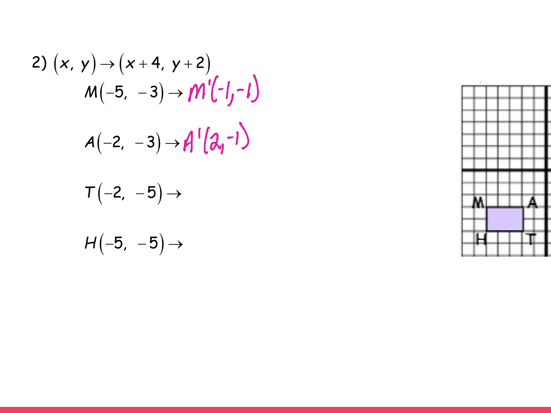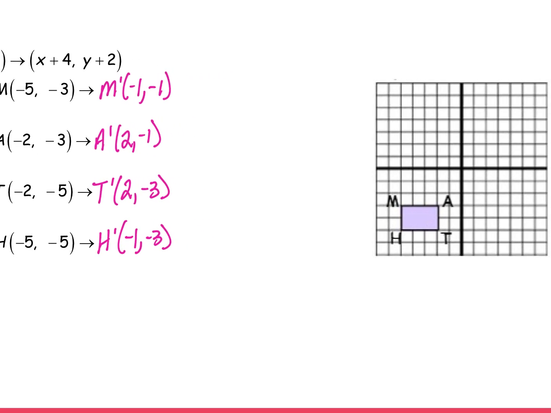Okay, so T prime, negative 2 plus 4. 2, good. And then negative 3 plus 2, negative 1. Beautiful. And then we've got H prime. Oh, negative 5 plus 4, negative 1. And negative 3 plus 2, negative 1. Beautiful, guys.